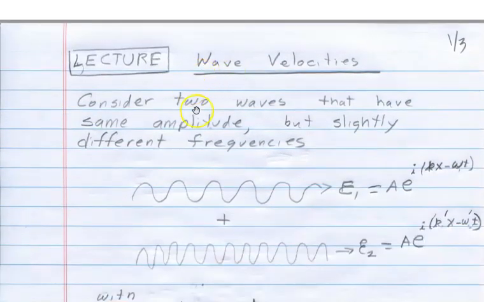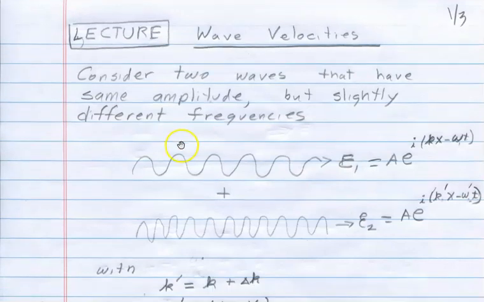For the sake of argument, let's look at two waves. I'm going to use the plane wave approximation, although similar kinds of results occur for spherical waves. But for us, I'm going to look at two waves simultaneously going through the same media. I've got them both going in the same direction.